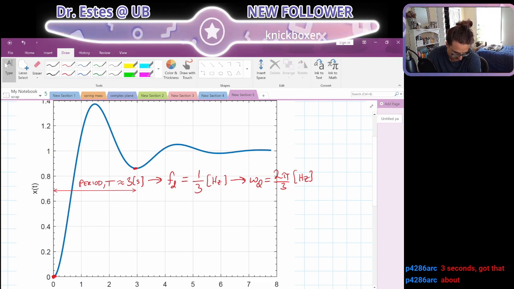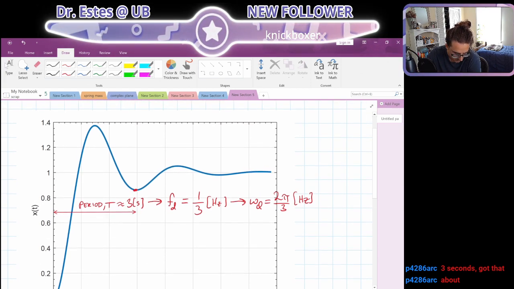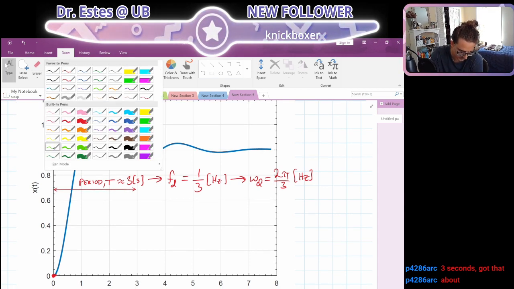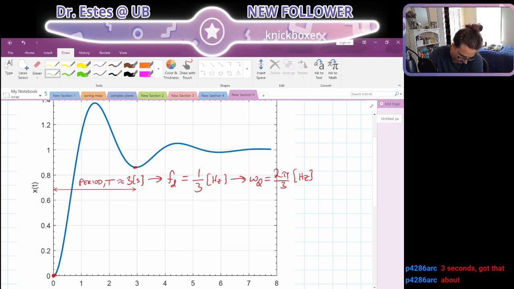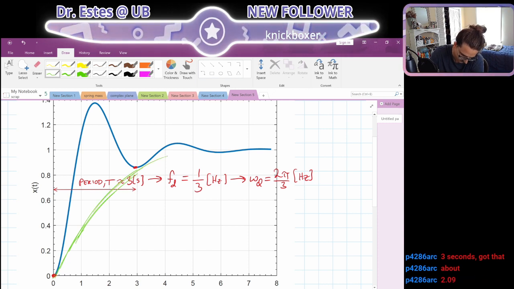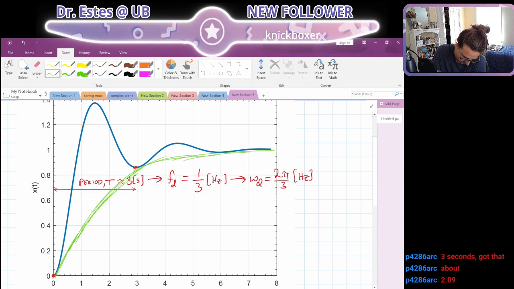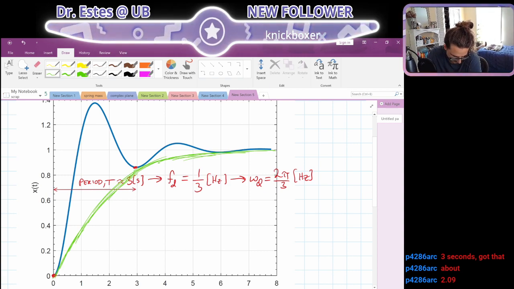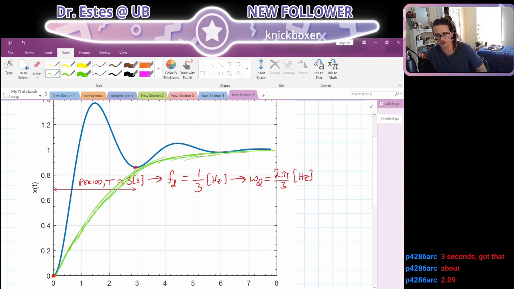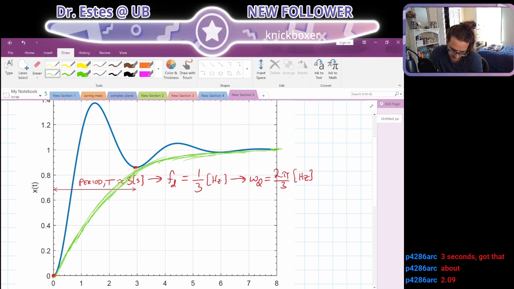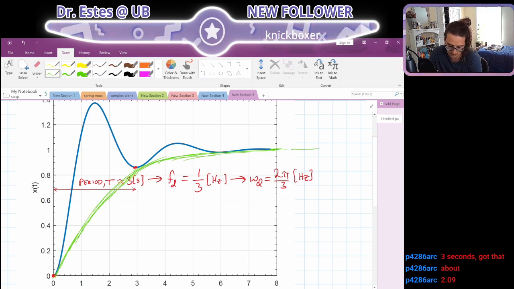Next, let's try to put an exponential envelope on this. And I'm not looking for a perfect one. You can tell that the final value it's converging to is 1.